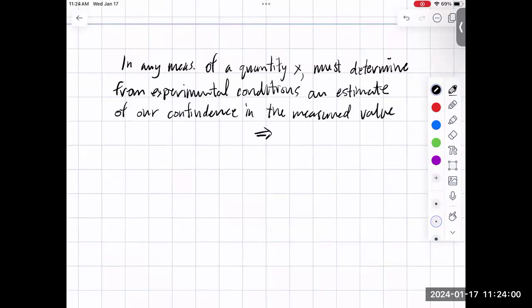And so our confidence or our uncertainty estimate might be delta X, the uncertainty in the measured result.